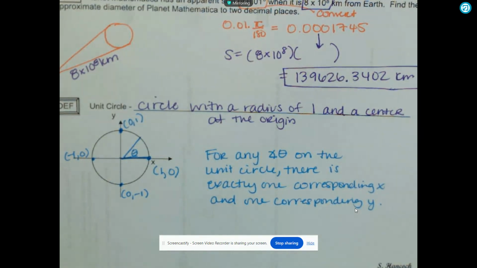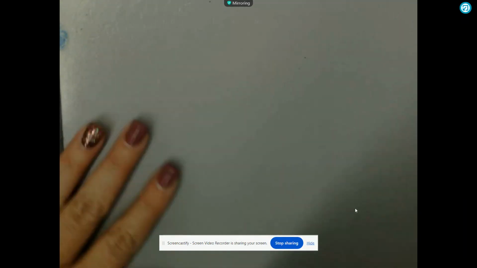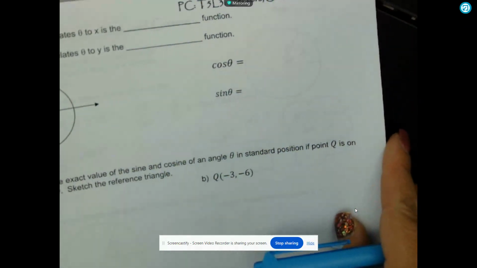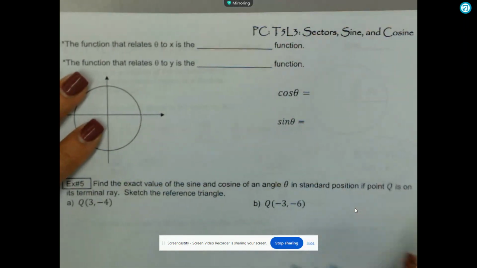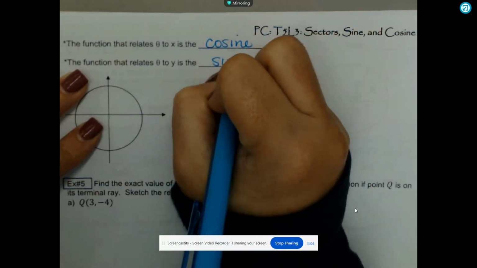All right, last page. Something that you should remember are sine and cosine. The one that relates to x is your cosine, and the one that relates to y is your sine.